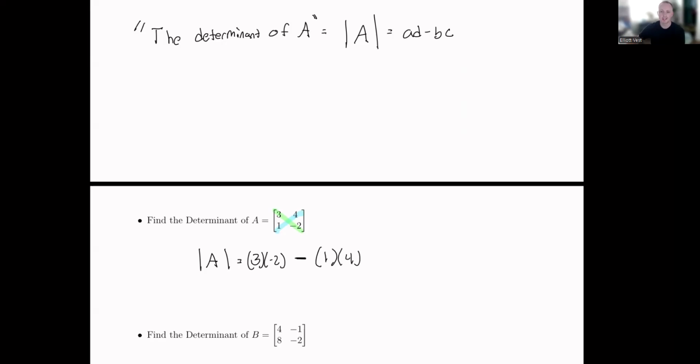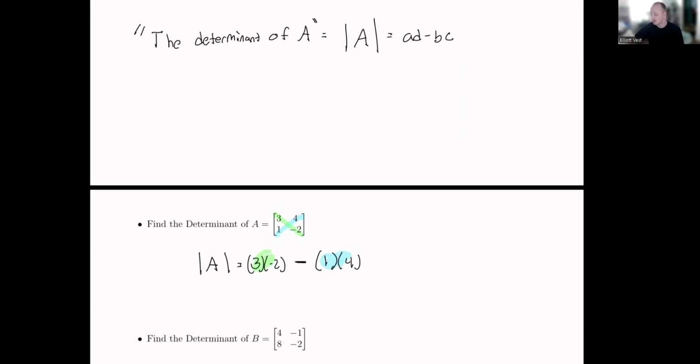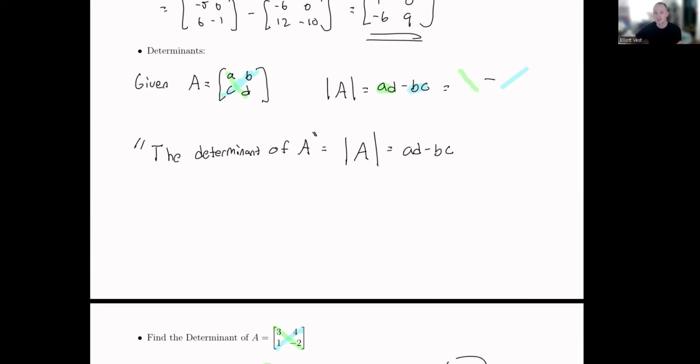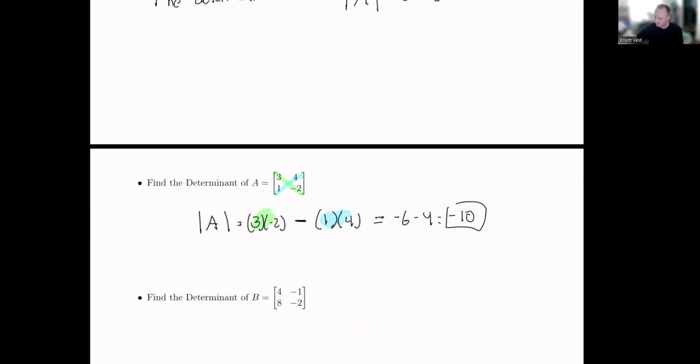Or 4 times 1, I guess that's how I did it in the formula, but 1 times 4, 4 times 1, same thing. I'm doing this diagonal and this diagonal, multiply them together, subtract the two, I get what? Negative 6 minus 4, or negative 10. It's that easy. Determinants shouldn't be too tough once you know how to do it. It's tough just to remember this formula because we don't really have a grounding on the use of it yet.